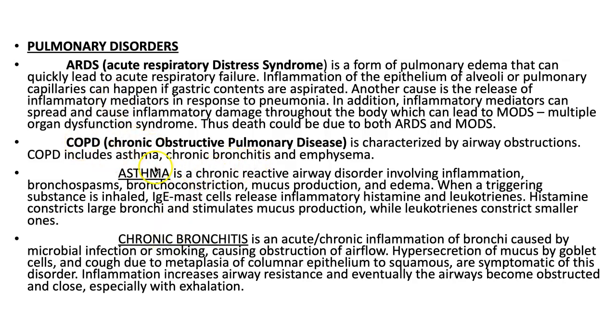What's happening in asthma is that the person exposed to their asthmatic trigger is going to produce IgE on mast cells, and the trigger then starts the inflammatory reaction, with the mast cells releasing histamine and leukotrienes.